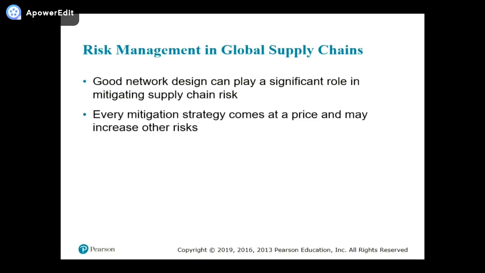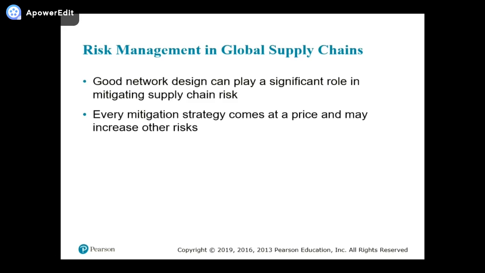And then another thing to note is that these risk mitigation strategies are interconnected, and one strategy that mitigates a certain risk could increase other risks. For example, to mitigate demand risk, I might want to increase inventory levels. But of course, that increases the risk of obsolescence of inventory.